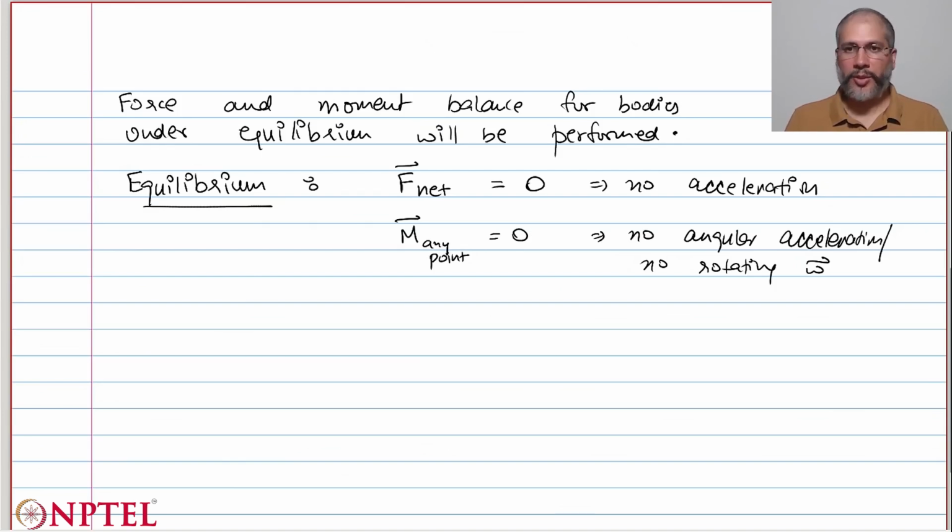But this is not just true for the whole body, because if you take a small subset of the body, even that part is under equilibrium. So the same conditions can then be applied to that subset or sub-volume in the body. For any part of the body, these equations hold if the whole body is under equilibrium.